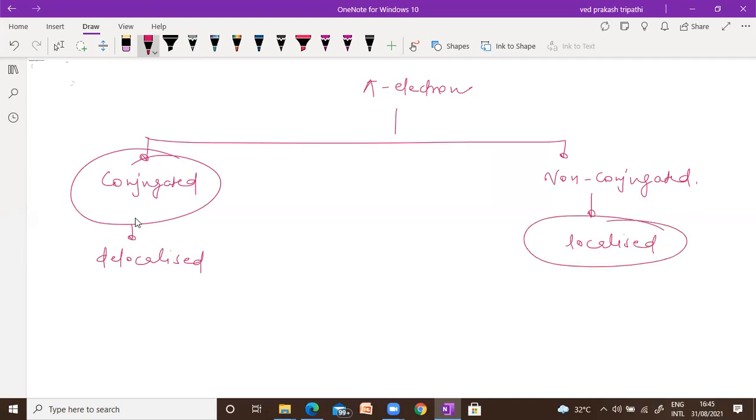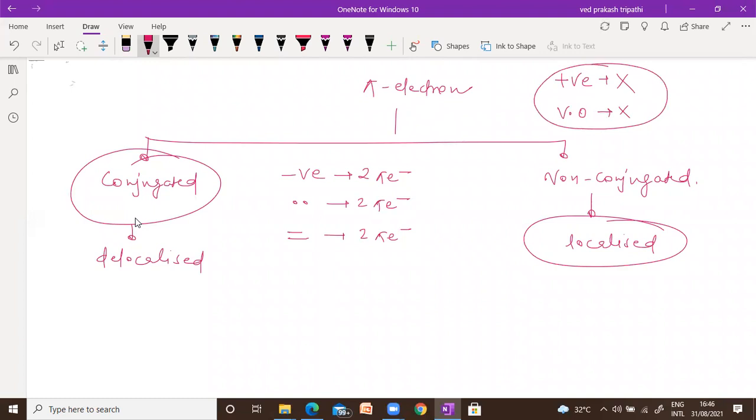And there is additional information: if a negative charge is there, that will give you 2 pi electrons. If a lone pair is there, that will give you 2 pi electrons. And if a double bond is there, that will give you 2 pi electrons. But if you have a positive charge, it will not give any pi electrons. A vacant orbital will not give any pi electrons. Suppose we have this compound.